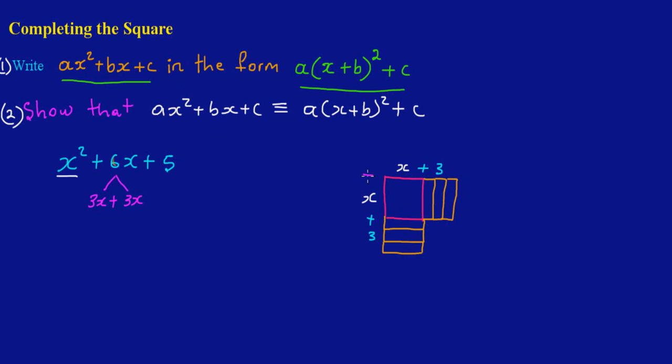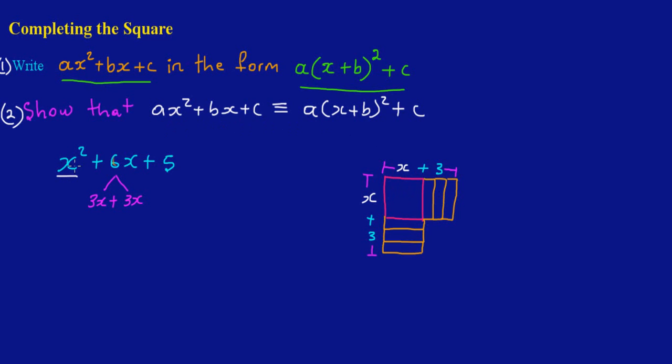This length here is x plus 3, and that length there is x plus 3. It's a square, and we know that in a square all sides are of the same length, so this length here is also x plus 3. This is the whole concept behind completing the square.